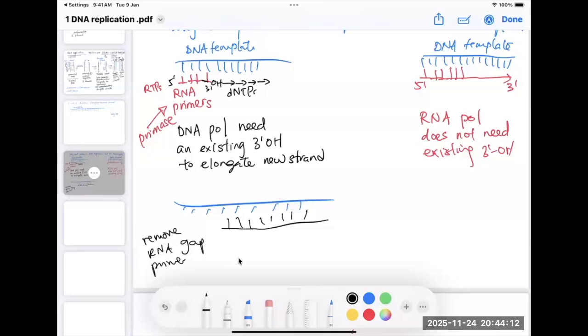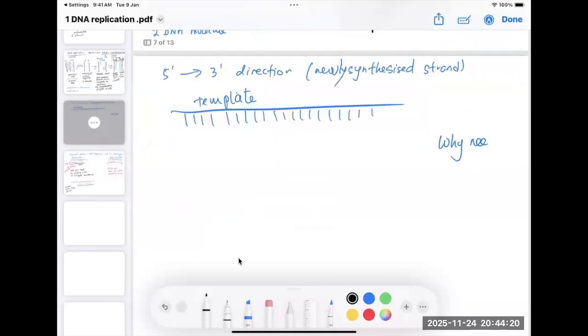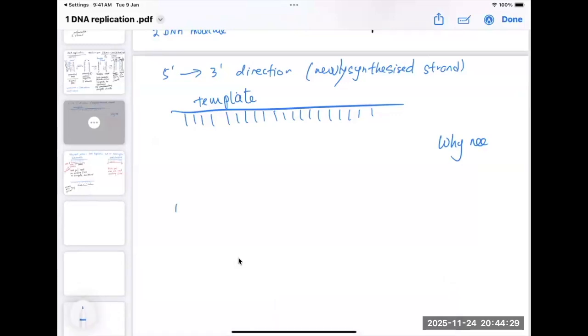You see or not? It's because of the behavior of the DNA pol. So why does it grow in the 3' direction? It's because, one, we use DNA pol, right?